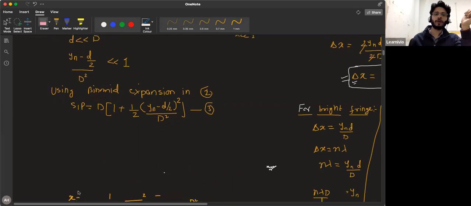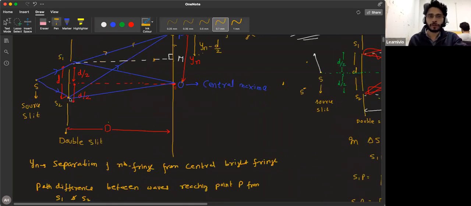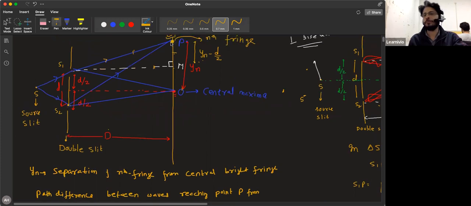Similarly, you have to convert the path traveled by the next wave also in terms of small d and capital D. I'm talking about this path now, S2P.